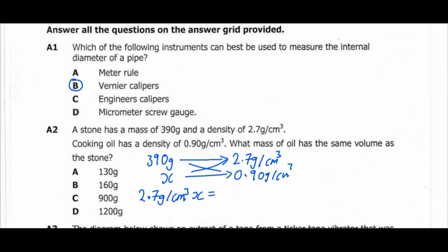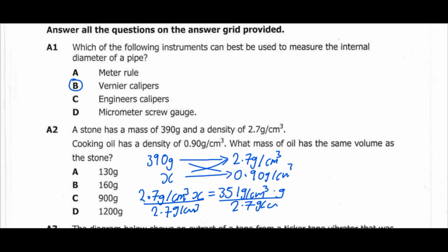Then we need to multiply 390 by 0.90. So I'm getting 351 grams per cubic centimeters and grams. Then we divide by 2.7 grams per cubic centimeters.